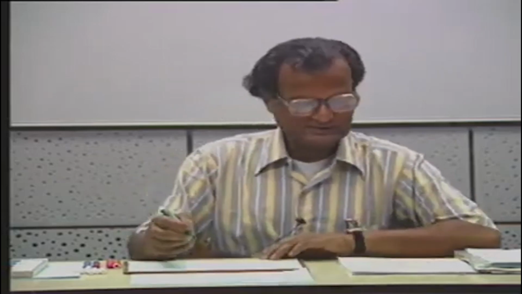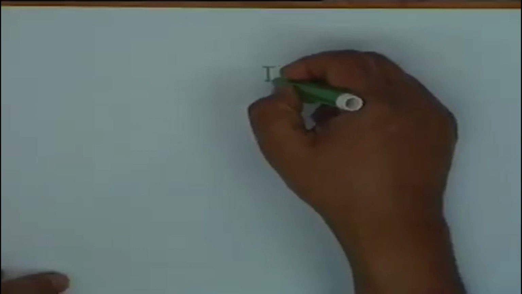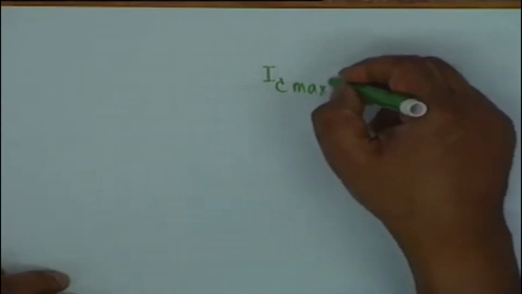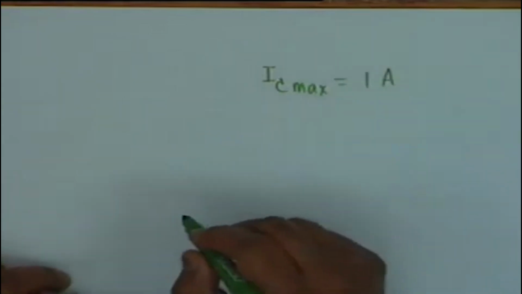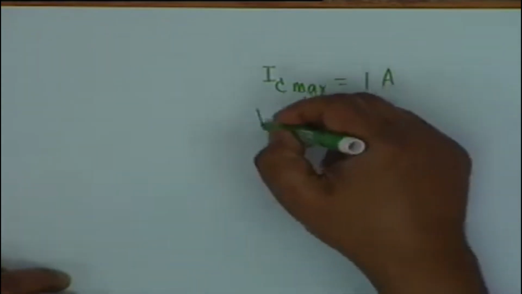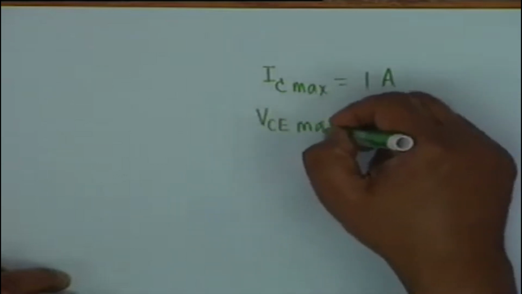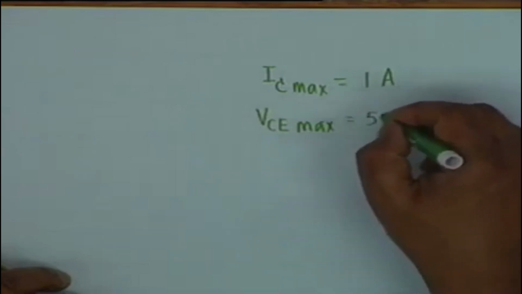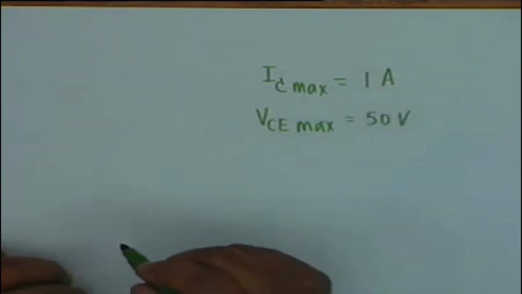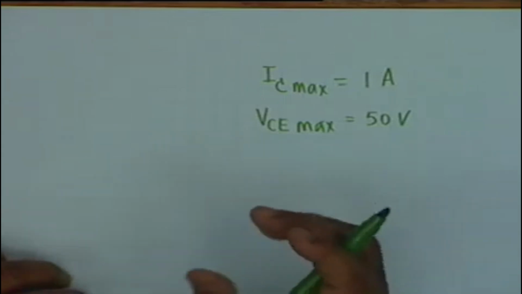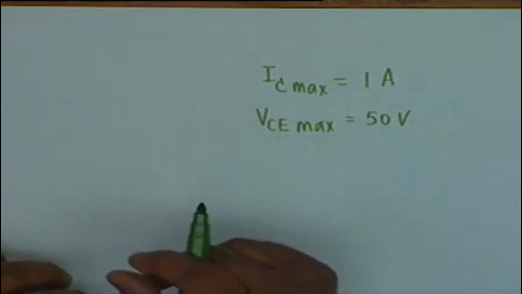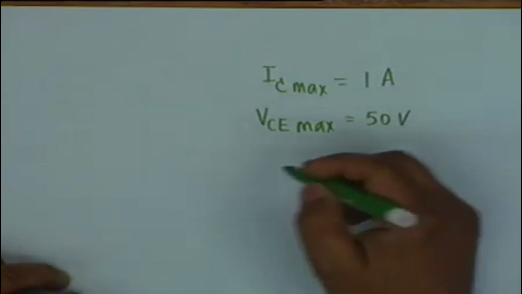The specifications of a given transistor which is to be used under the circumstances is that I sub C max is 1 ampere. VCE max, these are all specified by the manufacturers, VCE max is 50 volt. Now this is no surprise because you have to deliver power. Power transistors usually have a much larger rating than voltage transistors or current transistors.